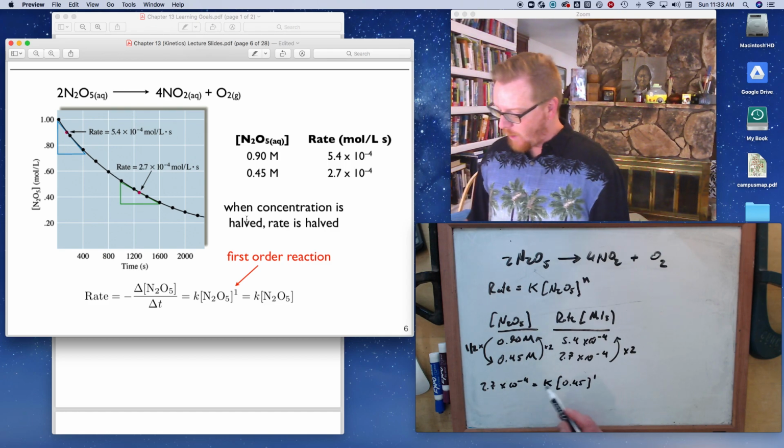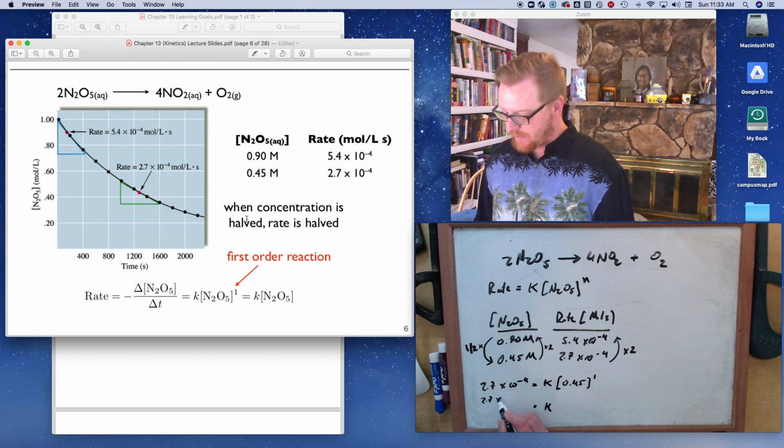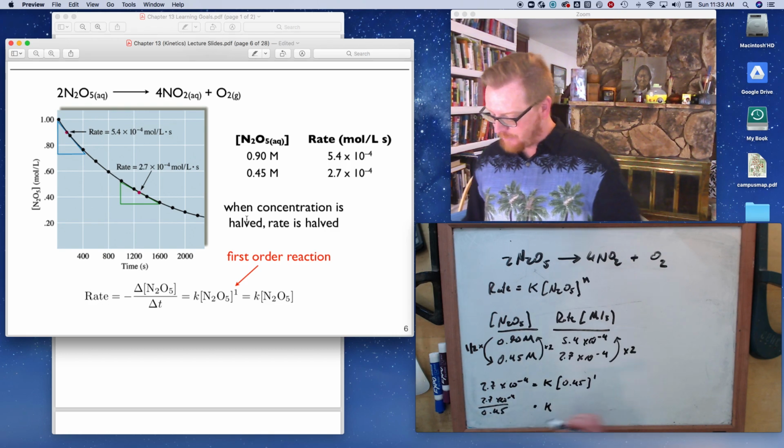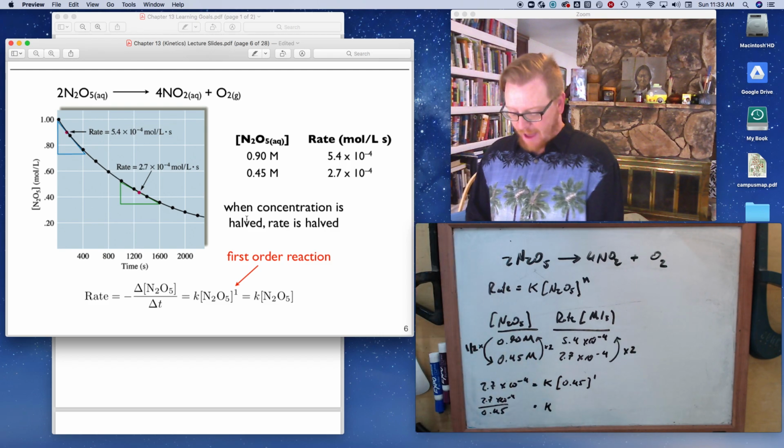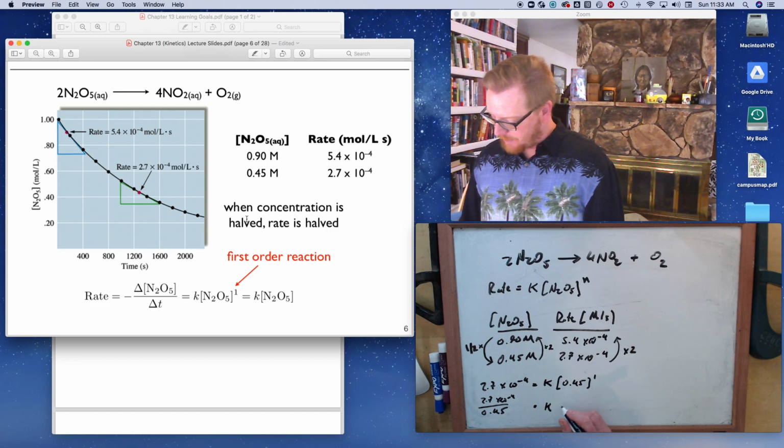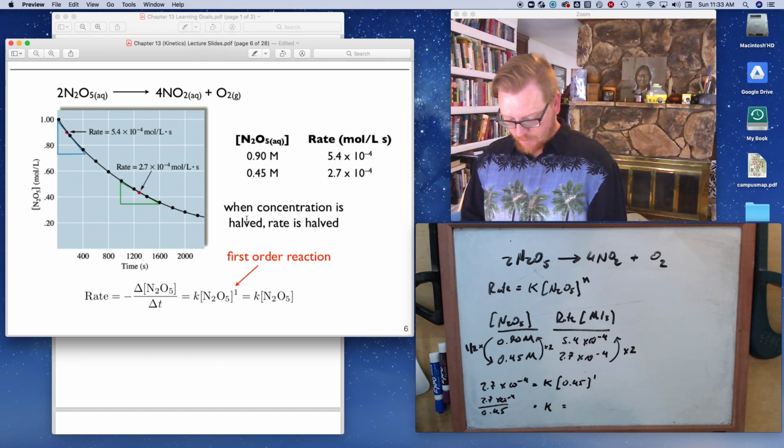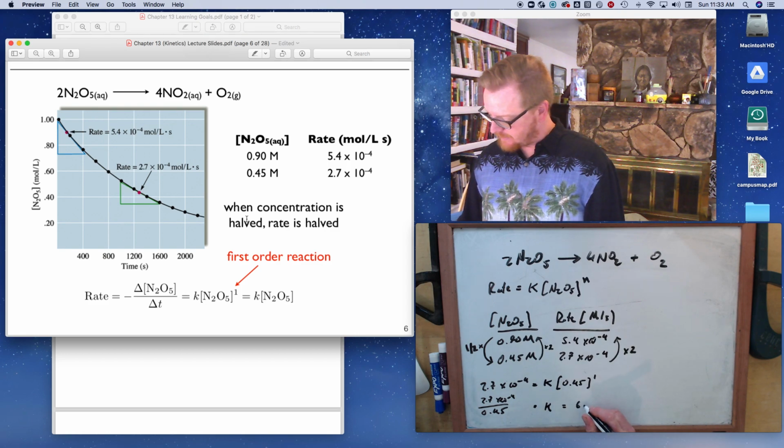What I can do here is solve for k. I could say k equals 2.7 times 10 to the minus 4 divided by 0.45. And when I do that math, I get that my k equals 6 times 10 to the negative 4.